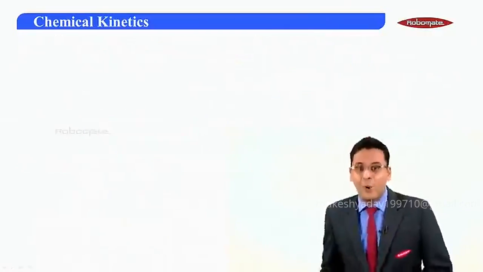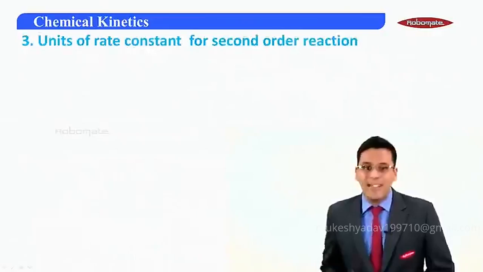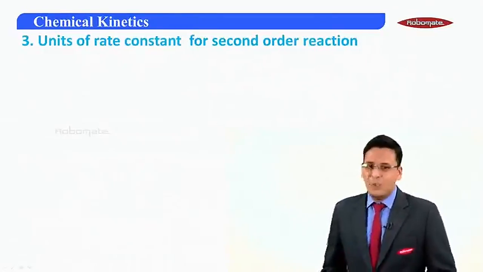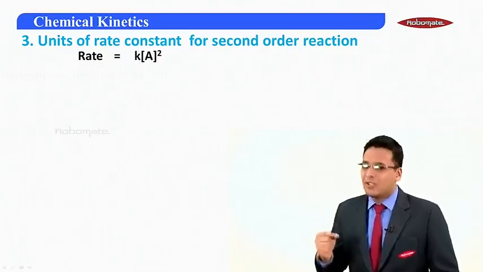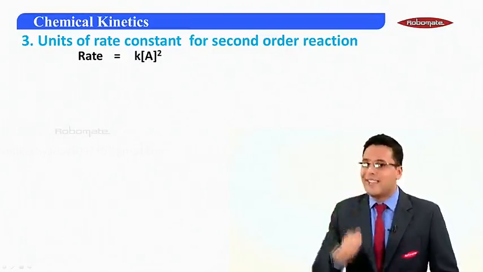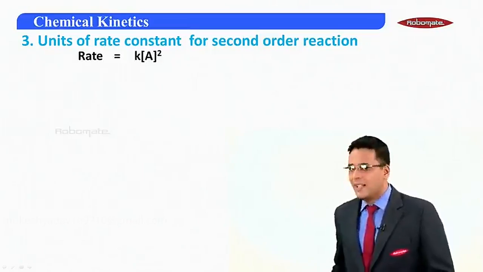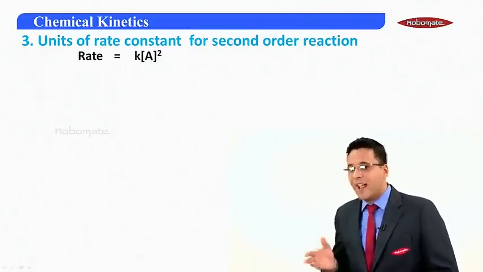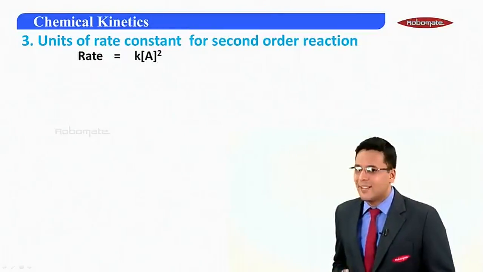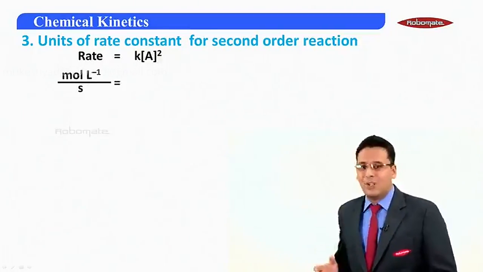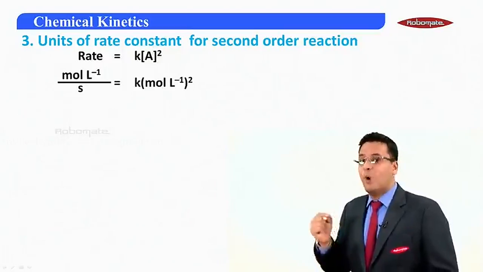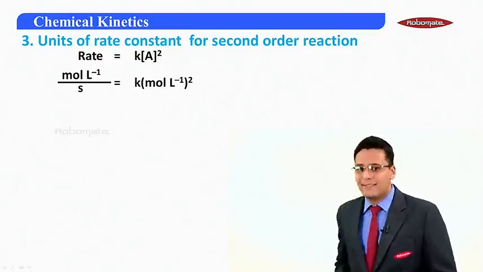Now let's go for the next one, that is a second order reaction. Do the same thing. Rate is equal to K into concentration of A raised to 2, because it's a second order reaction. Again, equate the left and the right side units. You will get mole per liter per second is equal to K into mole per liter whole square.